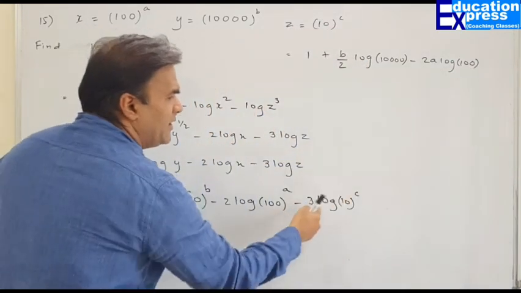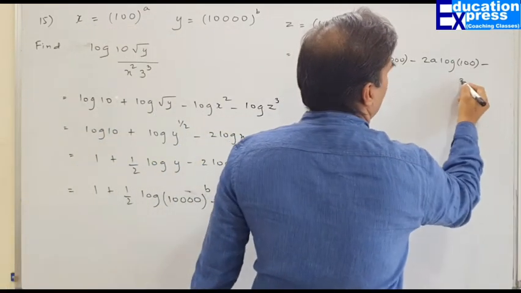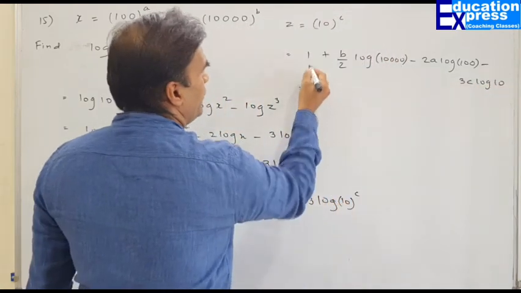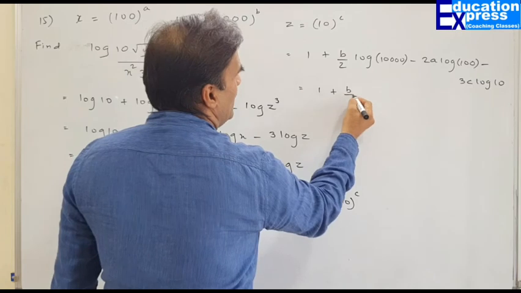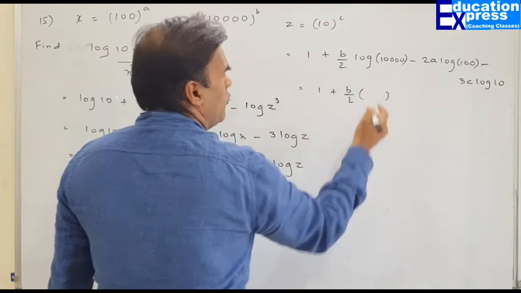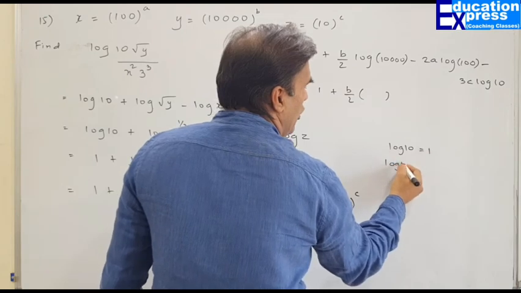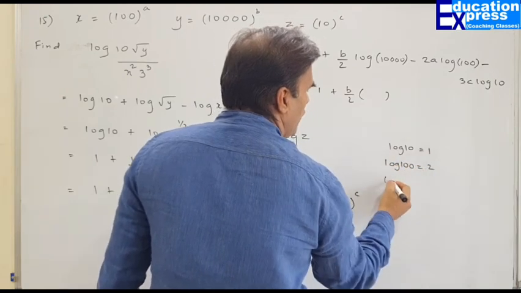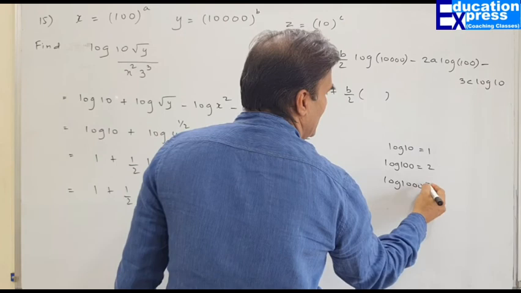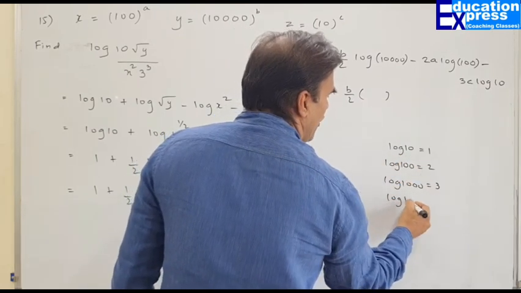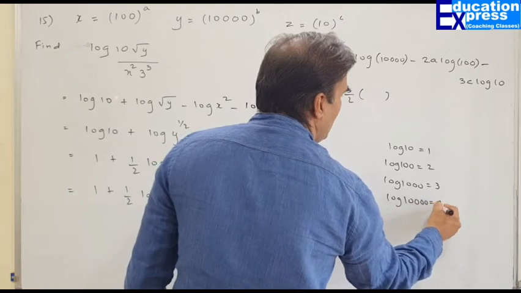So this will become minus 3, minus 3c log of 10. Super, brilliant. 1 plus b upon 2. We all know log of 10 is 1. Log of 100, 2. Log of 1000, 3. 10 1s are 10, 10 2s are 100, 10 3s are 1000. So log of 10,000 would be 4.